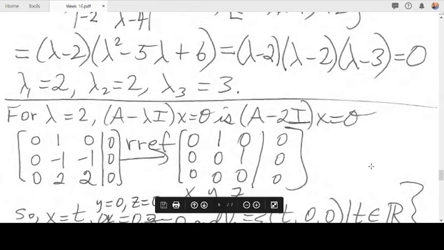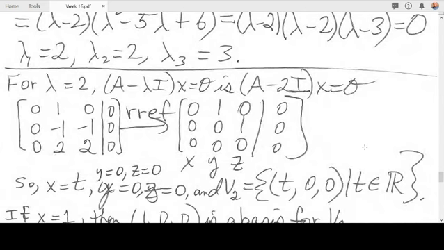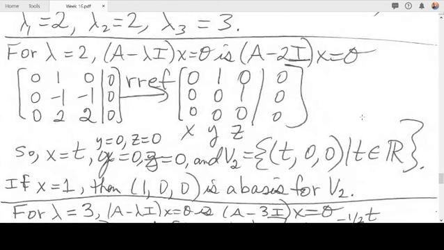Alright, so next we find bases for the eigenspaces of 2 and 3. First, let's find a basis for lambda equals 2. We subtract 2 off the main diagonal of A, and then row reduce it to reduced row echelon form. And we notice in the row reduced form that our parameter is going to be x. Notice that the first column is 0, 0, 0. The second column is E1. The third column is E2.